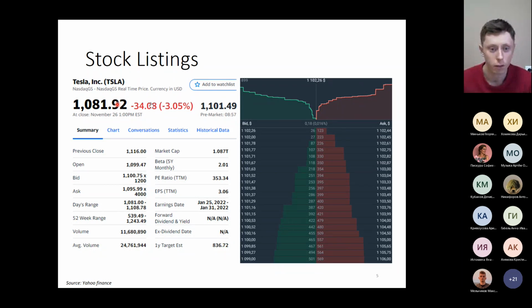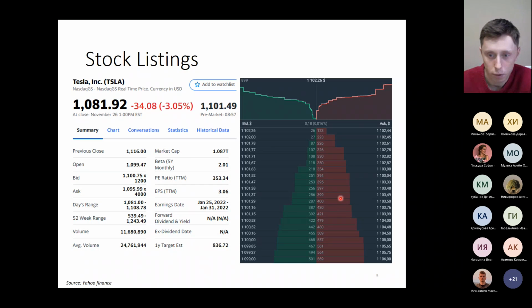Yeah, but combining both of your answers, we have the right answer. So there is a constant set of offerings, so bid and ask prices. The ask price is the price at which you are ready to sell the stock, how much you ask in order to sell the stock, and the bid price is how much you offer in order to purchase the stocks.